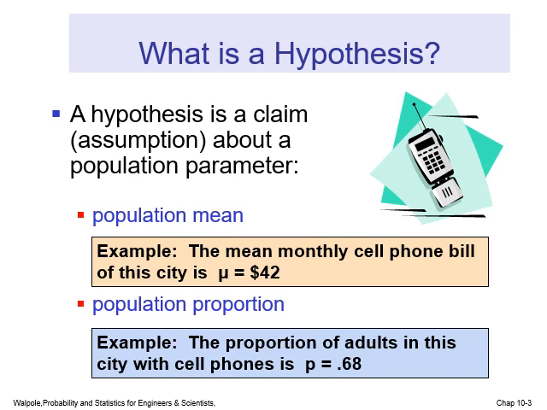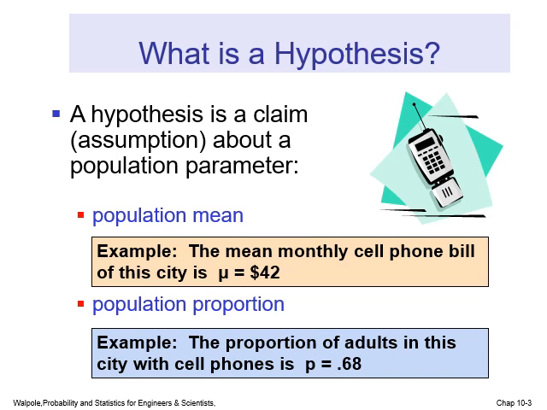We have two examples here. First, the population mean. The mean monthly cell phone bill of the city is $42. Which means that the average cell phone bill in such an area is about $42. But another hypothesis is the proportion.